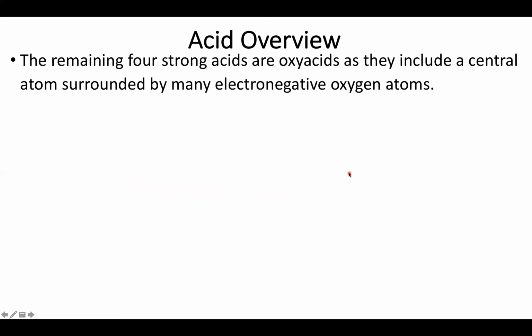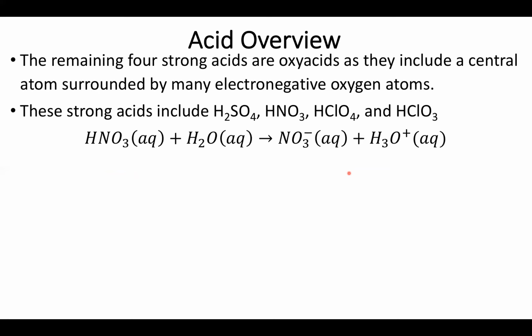All of the remaining 4 strong acids are called oxyacids, and they're referred to this because one of the big features of these oxyacids is that they're an electronegative atom surrounded by a whole bunch of oxygens. So the big 4 oxyacids are sulfuric acid, nitric acid, perchloric acid, and chloric acid.